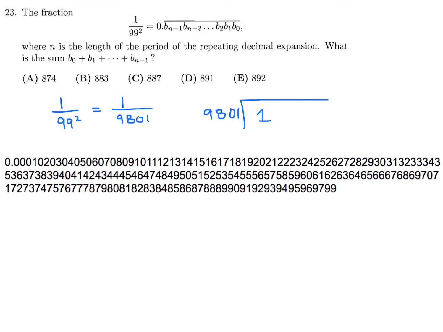Most people, even if you did the first few and you get to like here, you say, oh, it looks like it's just the same numbers over and over again in a consecutive way, 1, 2, 3, 4, 5, 6, and so on. But you would have to literally get to the very end to discover that there's one missing digit, that there's no 98. All right, and then after this, it just repeats itself.